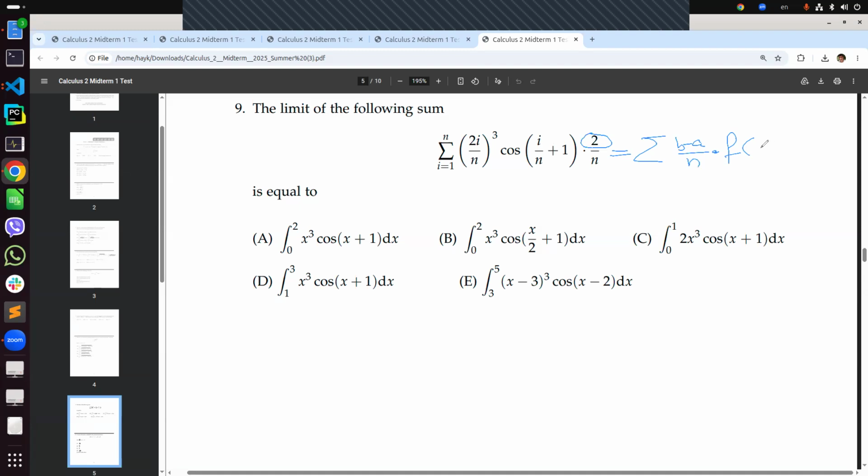The kth point can be calculated as a plus k times the length, again b minus a over n. In our exercise we have i times.